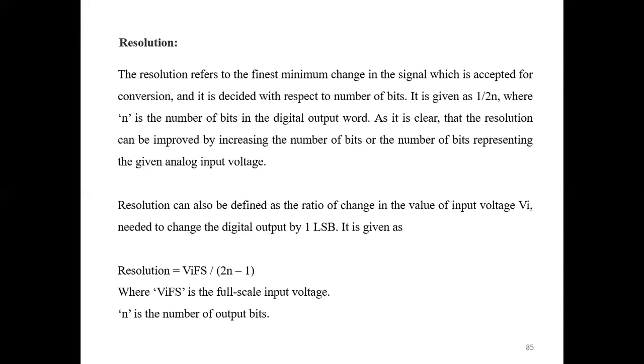The resolution can be improved by increasing the number of bits used to represent the given analog input voltage. Resolution can also be defined as the ratio of change in the input voltage needed to change the digital output by 1 LSB, given as resolution equal to VIFS divided by 2^n minus 1.